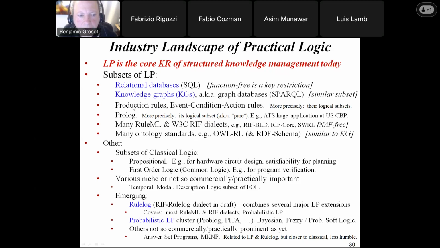The so-called business rules sector in industry, business rules engines or management systems, things like production rules, event condition action rules, Drools, etc. More precisely, their logical subsets are subsets of LP. Prolog, more precisely its logical subset, also often called pure.